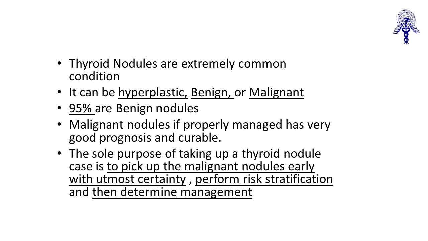So the whole purpose of taking up a thyroid nodule case is to triage these malignant nodules and treat them accordingly. And again, the best part of these malignant nodules is they carry a very good prognosis if you can pick them early and treat them early.